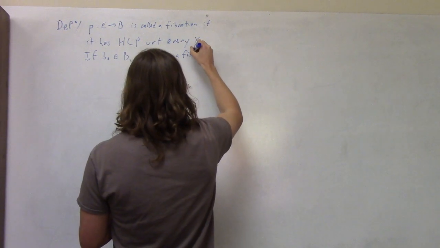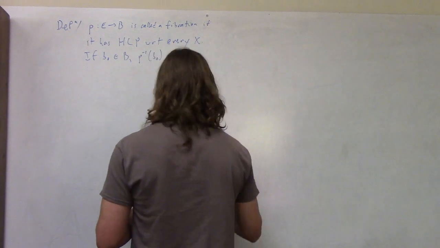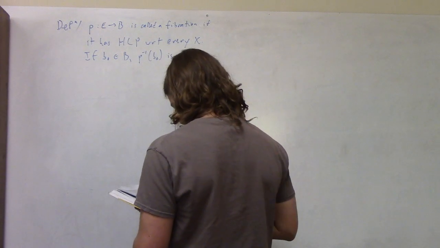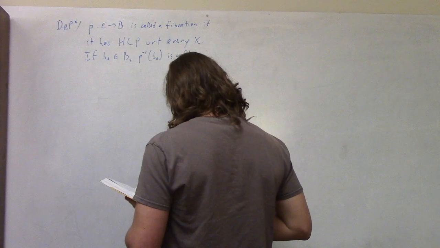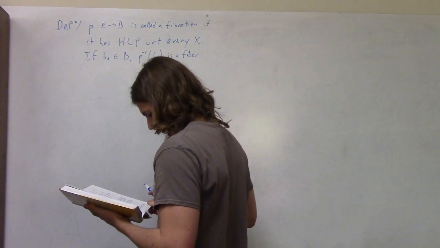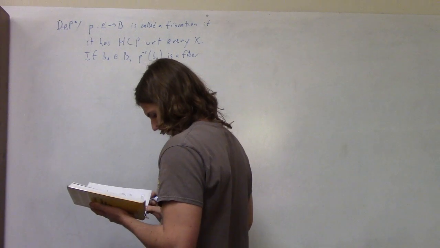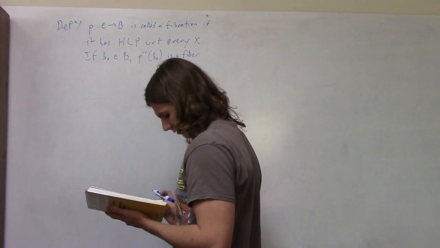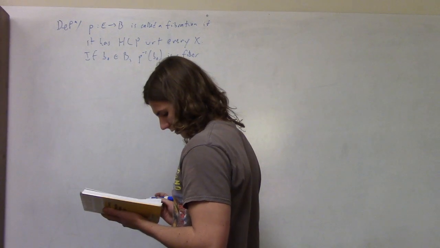How is the space X related to E and B here? Is he assuming something from the notation? I think it's for any space.